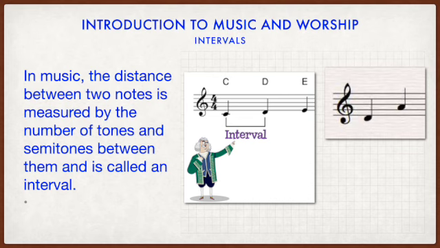So here's an interval of, that's a whole step. That's a major third. And you could also play those. It's still a whole step interval. And there's a third interval.